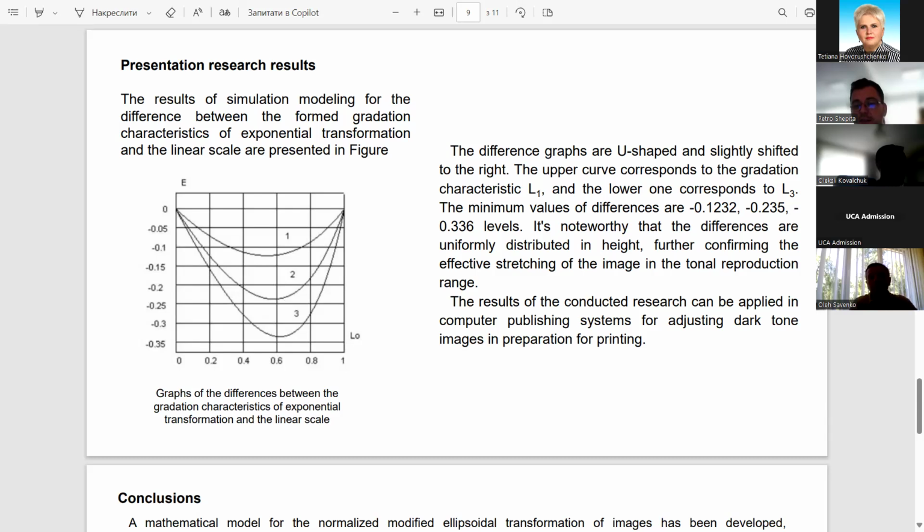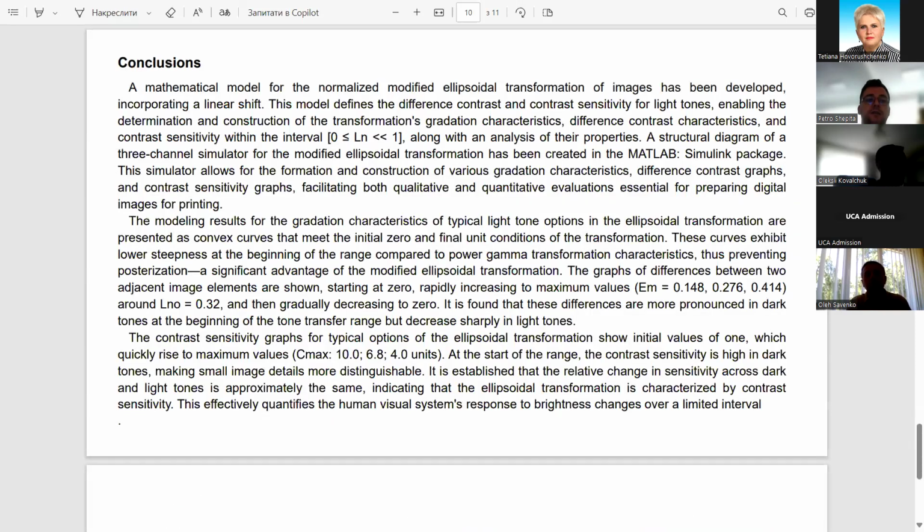The results of the conducted research can be applied in computer publishing systems for adjusting dark tone images in preparation for printing. Conclusion: a mathematical model for the normalized and modified exponential transformation of images has been developed, incorporating a linear shift.